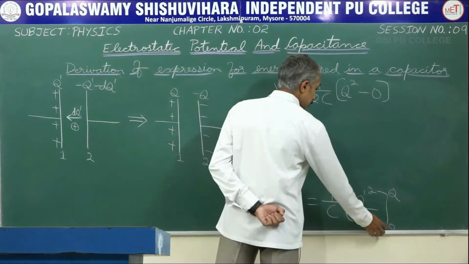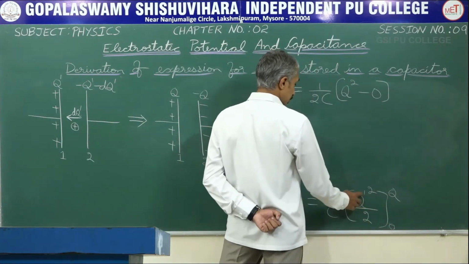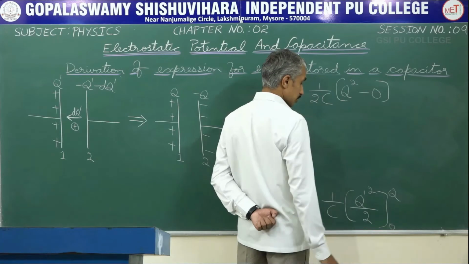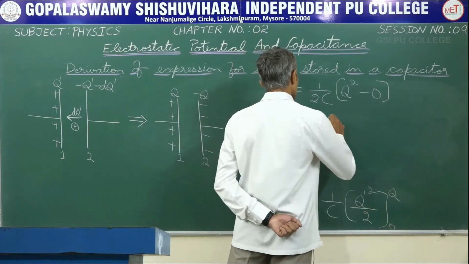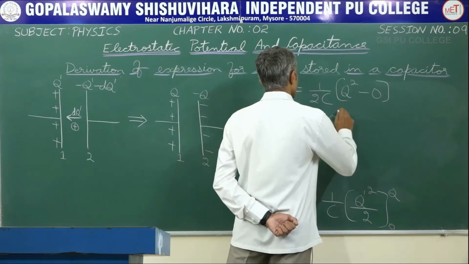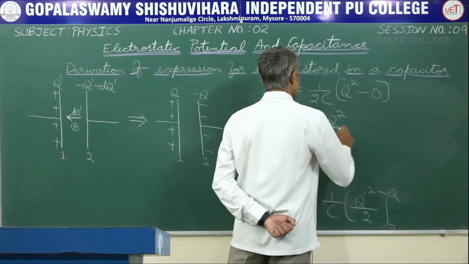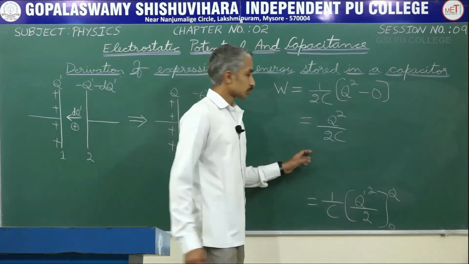If you take the limits from 0 to Q, the Q dash square is going to become Q square minus 0 square. So finally we will get this as Q square by 2C.